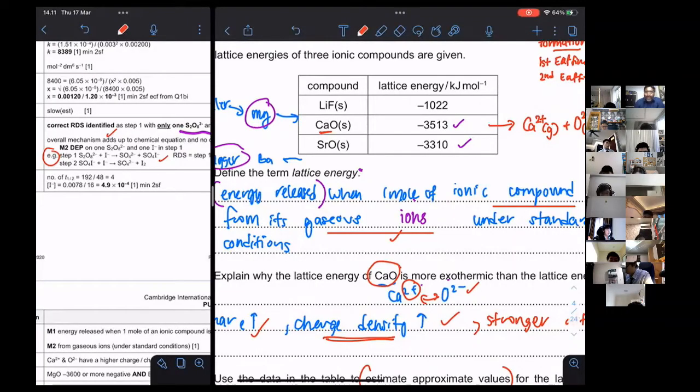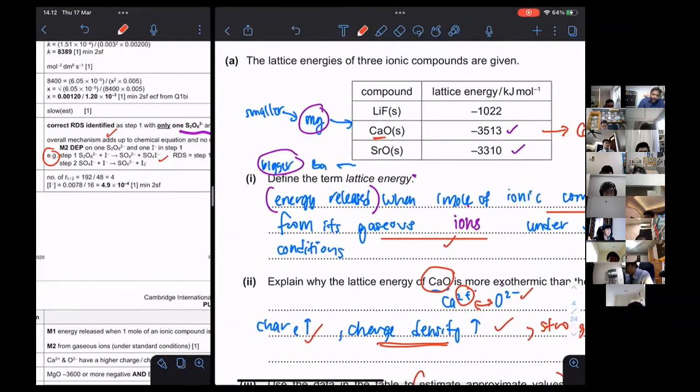If the radius is smaller, we know the charge density is charge divided by radius, so your charge density is greater. If your charge density is greater, they can form stronger attraction. Stronger attraction means they will release more energy than this value.